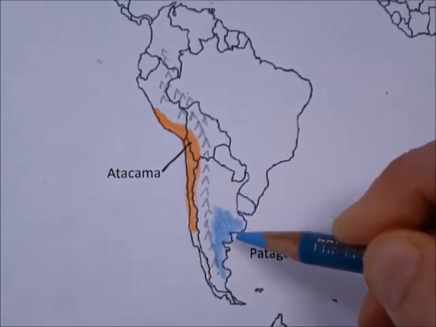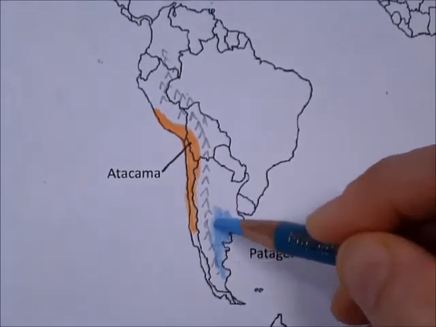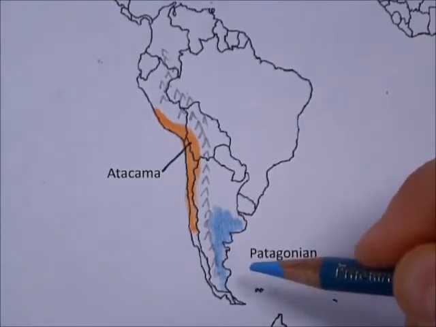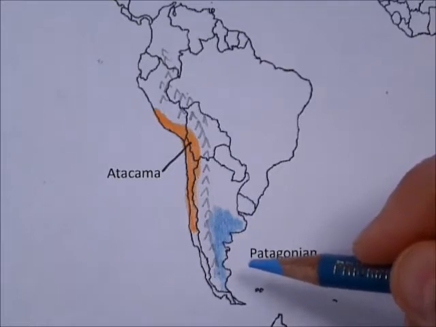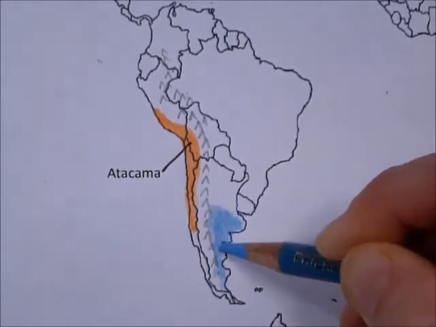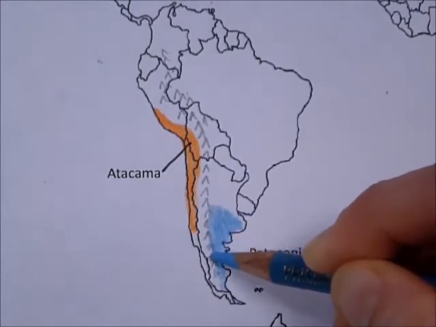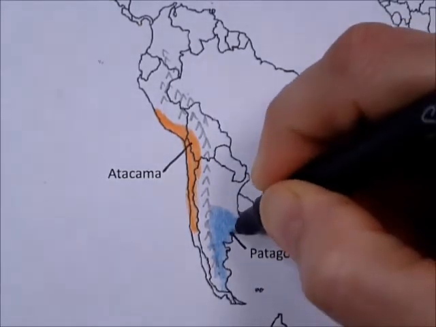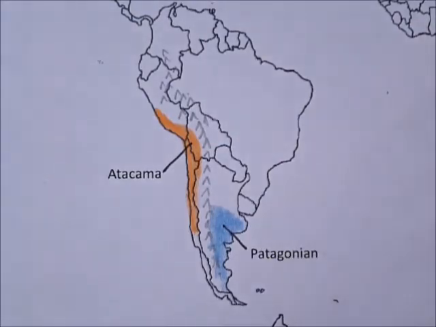Plus areas at the North Pole, probably the same thing. But they're not called deserts. We don't call it the Antarctic desert, or, you know, there's no places that have desert in their name, so we're not going to label them in this drawing. But the Arctic and Antarctic areas are technically desert. Okay, so this is the Patagonian desert, or you can just call it Patagonia.